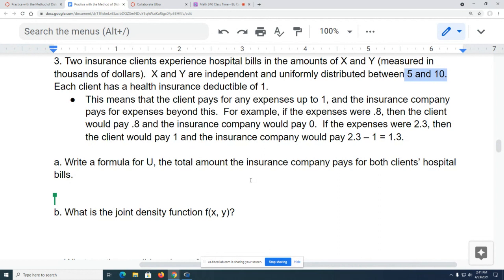Sam, remember that the clients have a deductible of 1 each. That looks good.